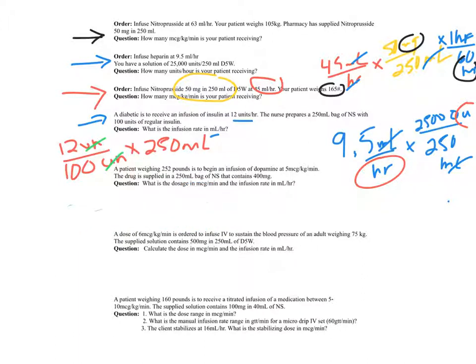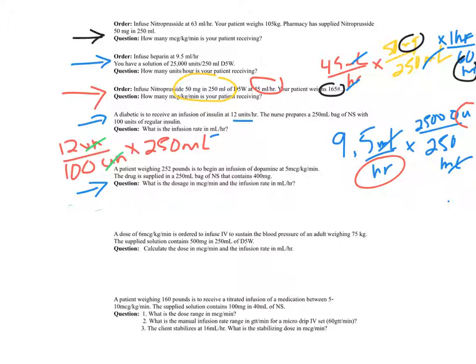Okay, this next one is very similar to that very first example I gave you. This is what we did in class, where if I'm given micrograms per kilogram per minute, then I can go ahead and, step by step, first multiply by the weight.